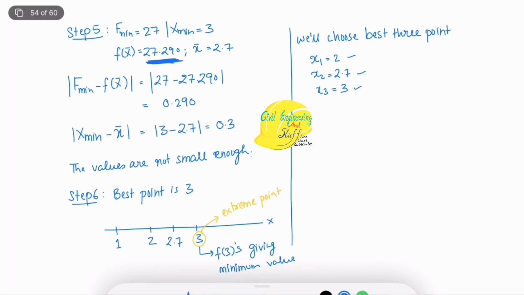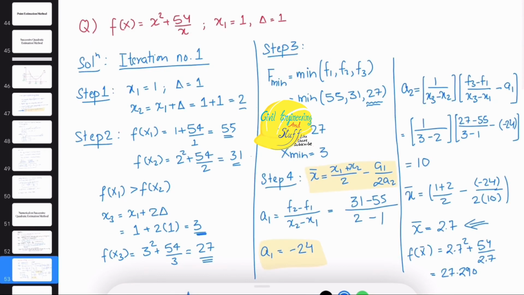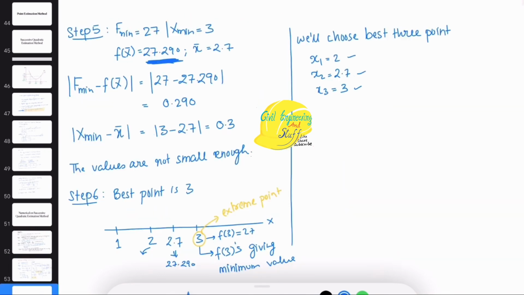And suppose, like in this present condition, our f 2.7 is 27.290. The value of f2 was coming out to be 31, and this was 55, right?